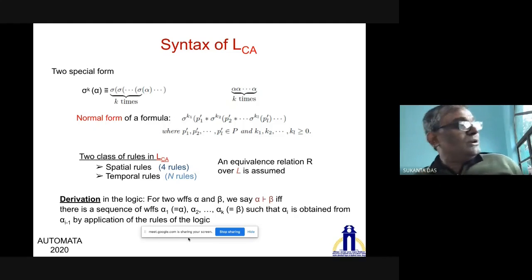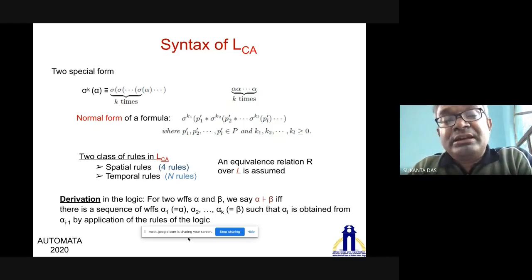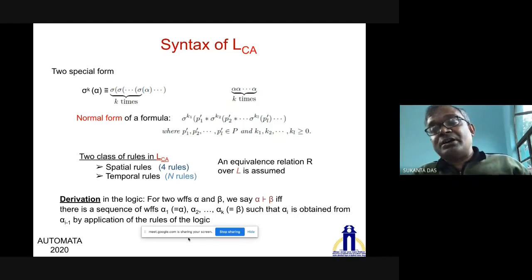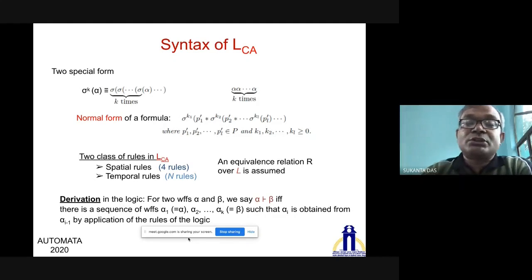So in case of this logic we have a derivation, and a derivation in this logic is, say, for two WFFs alpha and beta, we say alpha derives beta if and only if there is a sequence of WFFs, say alpha 1, alpha 2, ..., alpha k, where alpha 1 equals alpha and alpha k equals beta, meaning I've started from alpha, then I've reached beta, such that alpha i is obtained from alpha i minus 1 by application of the rules of the logic. If it is so, then we say that beta is derived from alpha.